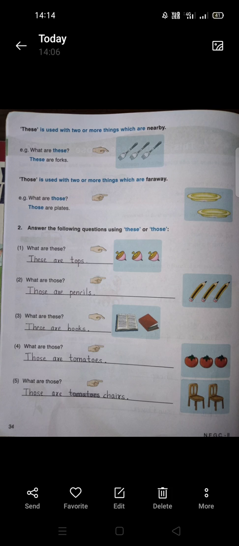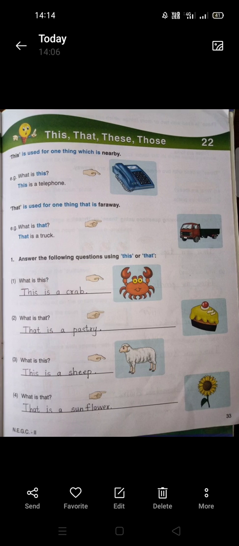Next, those. We are going to use those when 2 or more things are very far from us. So when one thing is near us, that time we will use this.